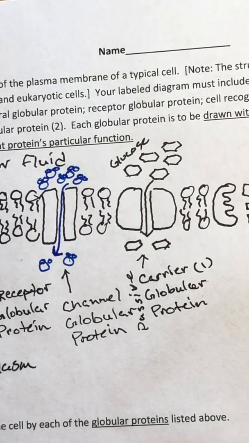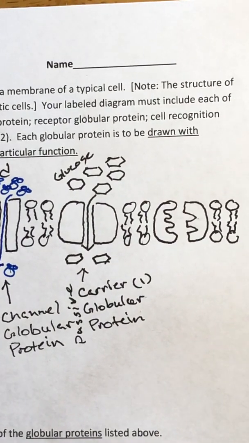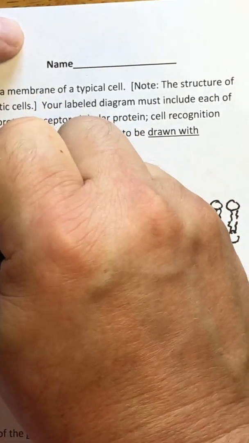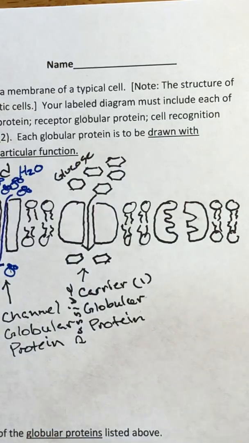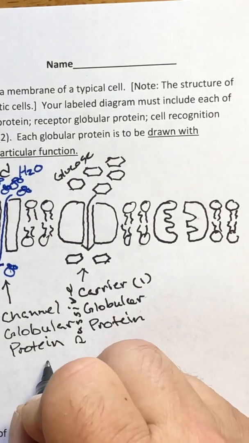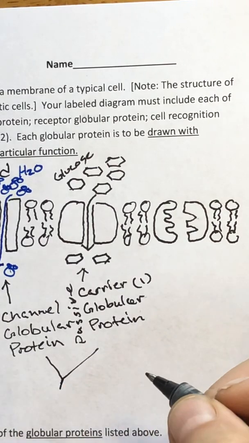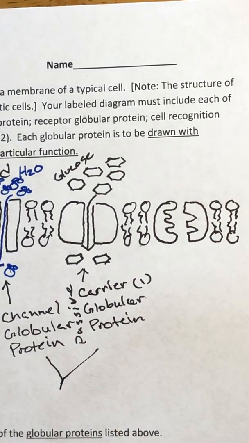I'm going to back up here in just a minute and add H2O over here. So that reminds us that we're talking about the movement of water. And that movement of water is a specific type of diffusion called osmosis. Okay, both of these proteins do something called facilitated diffusion.